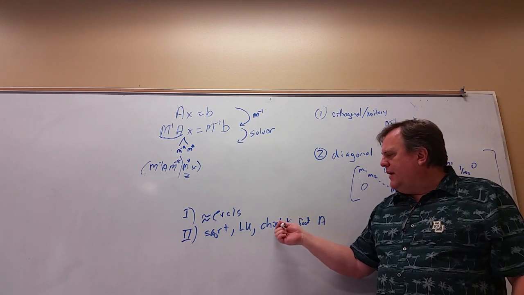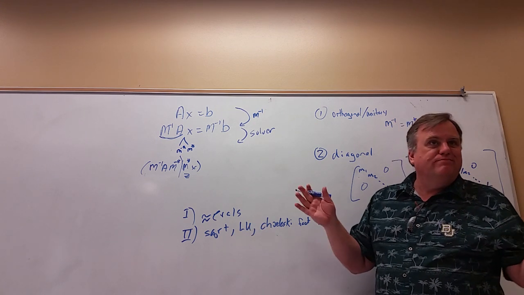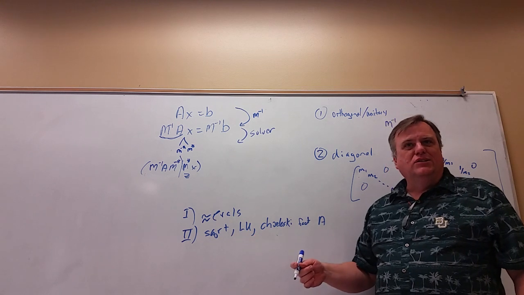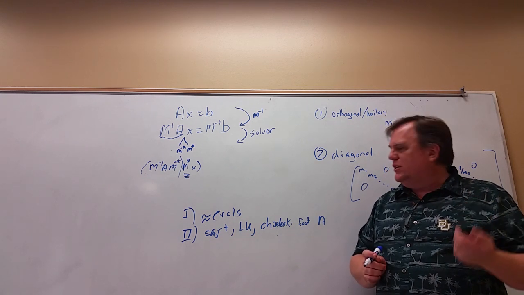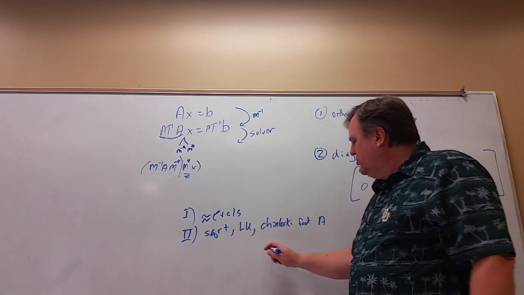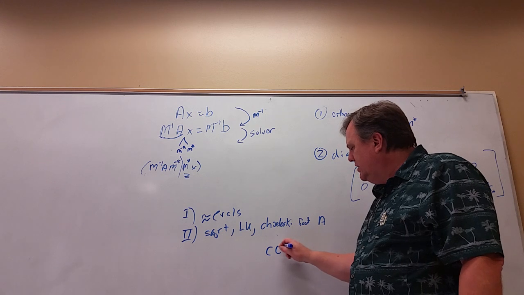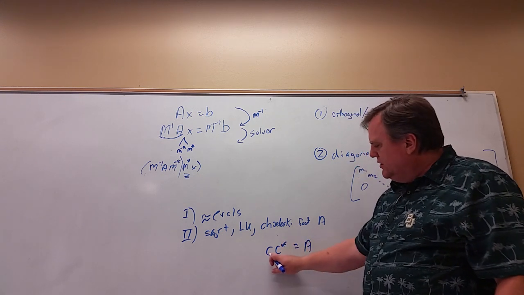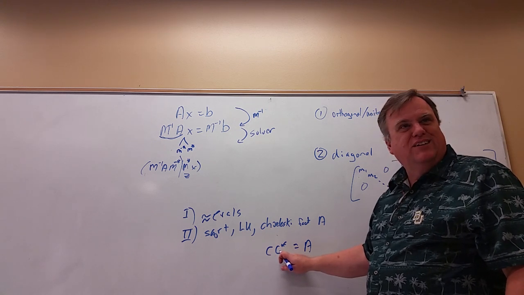So Cholesky factorization is basically LU for symmetric matrices. Square root is related to them, but the idea of square root is technically a little bit different, whereas LU or Cholesky, if you do Cholesky, it's often done as C C star equals A. Because if that's a lower, then when you transpose it, you get an upper.